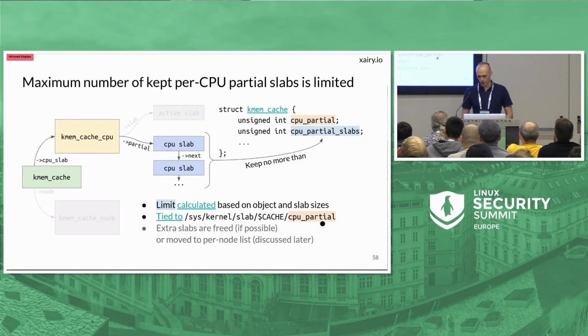So if you know the cpu_partial number, which you can get from the sysfs file system, then you can calculate the maximum number of slabs that you might have on the per CPU list for a particular cache. And you do need to know this number for certain advanced slab shaping attacks. For example, the cross-cache attacks abuse overflowing this per CPU partial slab list to execute the cross-cache attack. But I'll talk about this a little bit closer to the end.